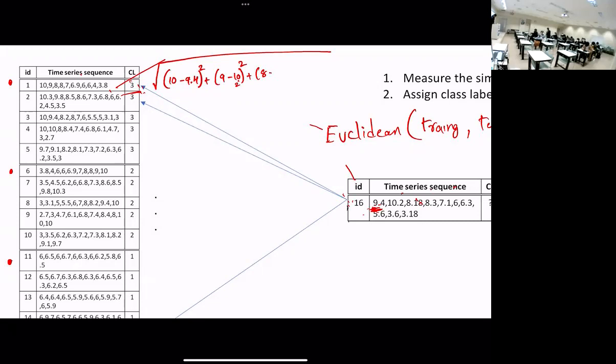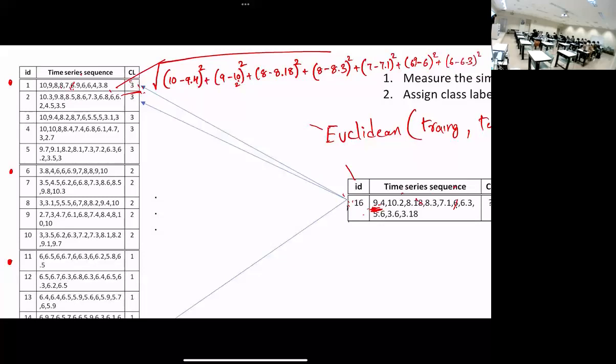Next one is 8.8. 8.18 whole square plus 8 minus 8.3 whole square plus 7 minus 7.1 whole square plus 6 minus 6. Next one is, this is 6.9, sorry, whole square. 6 minus 6.3 whole square, and so on. Please calculate it and let me know.